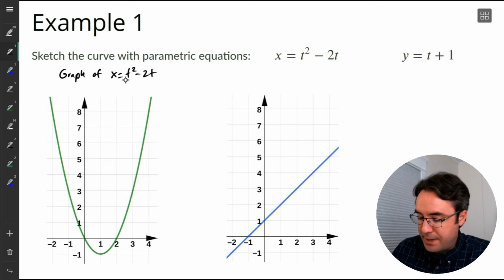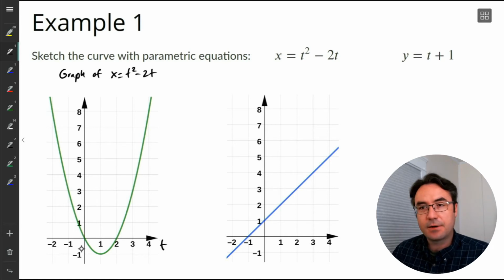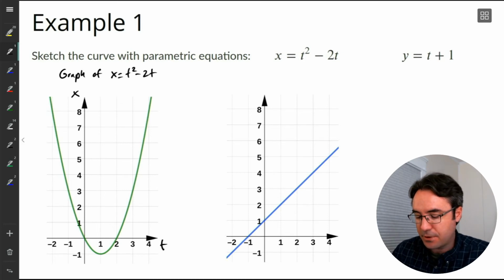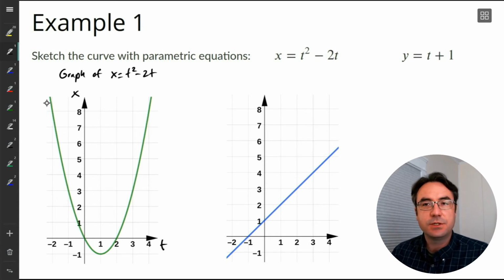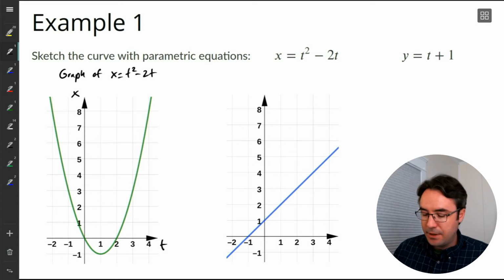But now t is our independent variable, so that goes on the horizontal axis, and x depends on time. So x is going to be our vertical axis here. And so we could graph this function just like it's a graph of a function. So things we've done before. And this is the graph of t squared minus 2t.